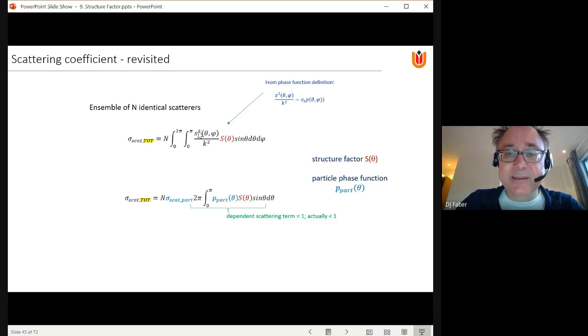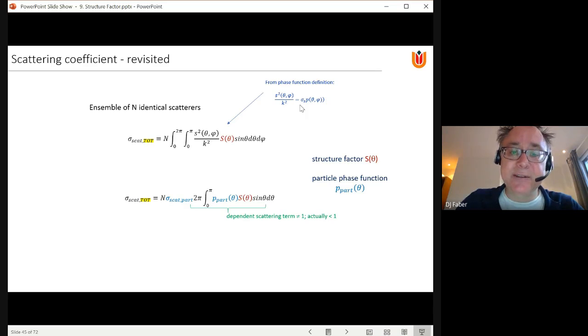So this function S squared theta over K that we found earlier, that was equal to the scattering cross section of the single particle times the phase function. So we can substitute that into this integral. And so we have then the phase function of the single particle over here. The scattering cross section of the single particle is a constant.